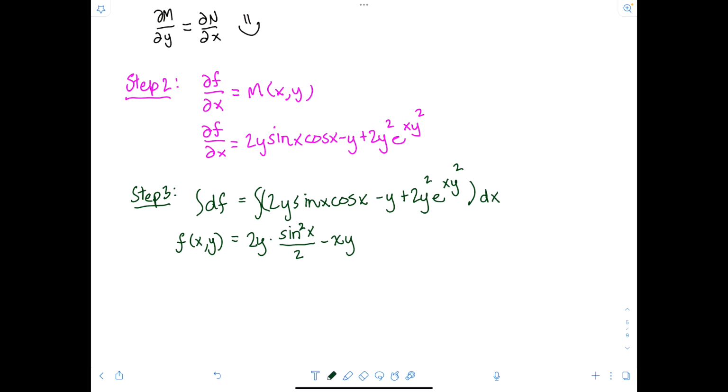Now, notice that the derivative of the power in that exponential term is available for us to use. So the derivative of xy squared with respect to x is just y squared. So we will have plus 2, and then we'll just get e to the xy squared. Beautiful.